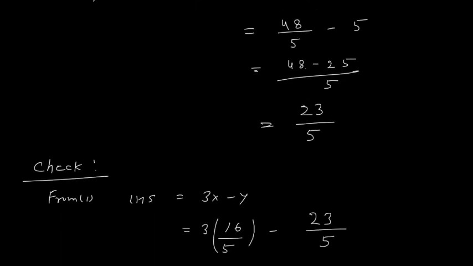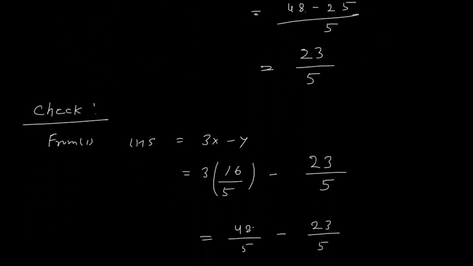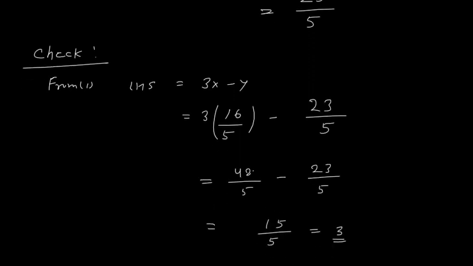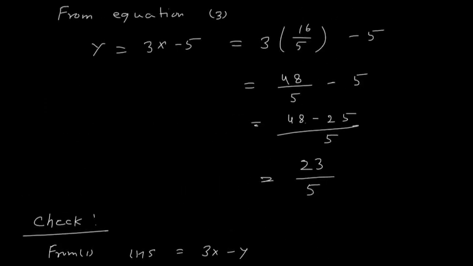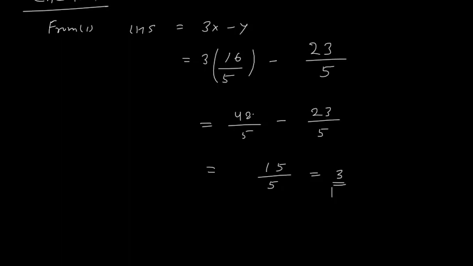Now 3x minus y, so 3 into the value of x we got, 16 upon 5, minus y, so minus 23 upon 5. This gives me 8 minus 3 is 5 and 4 minus 2 is 2. So this is not 15, this is 25. So 25 upon 5 is 5.